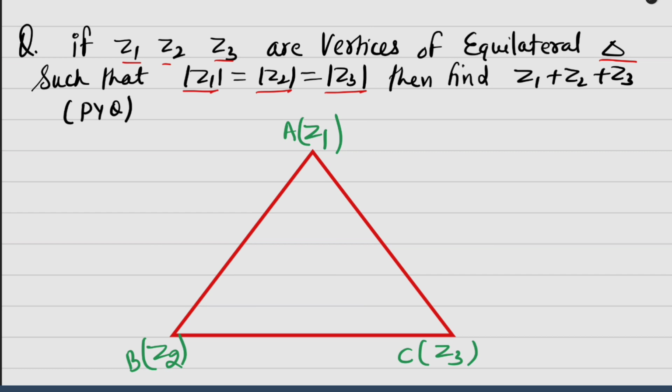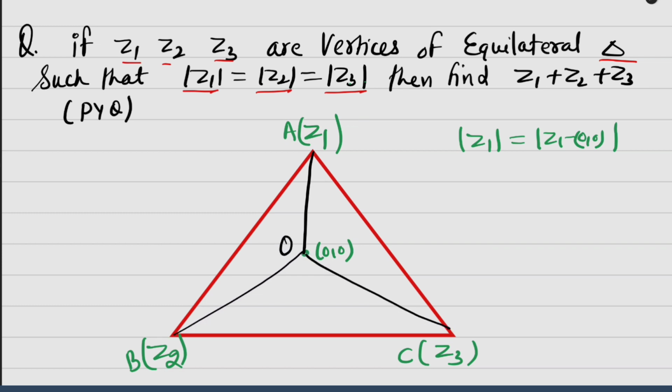Look, what does the modulus of z1 represent? The modulus of z1 represents the distance between z1 and the origin. It also represents the distance between z2 and the origin, and z3 and the origin. So what I want to say is that there is a center, 0, whose distance from all three vertices is the same. Let us say this one is O. So what does it represent?